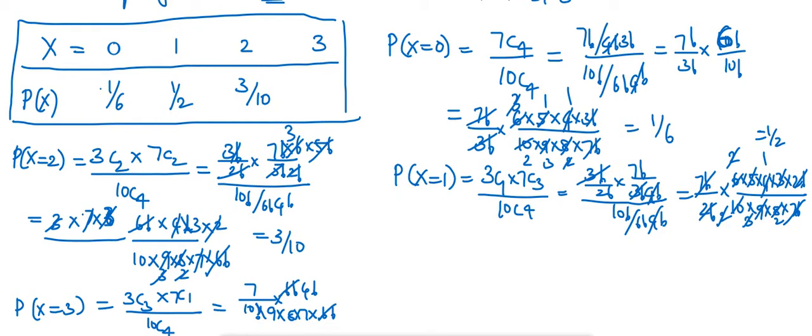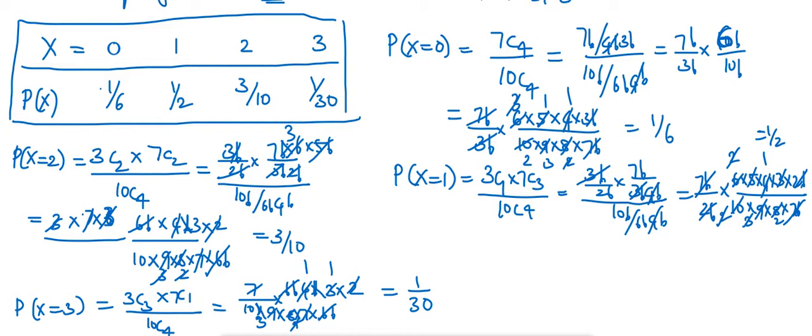The 6 factorial and 7 cancel. 4 factorial can be written as 4 into 3 into 2, and these cancel. So 3 tens are 30, giving 1 by 30. So the probability of 3 defective is 1 by 30.